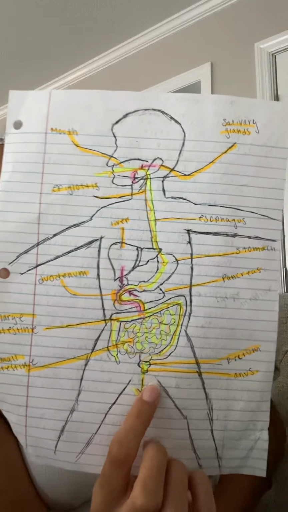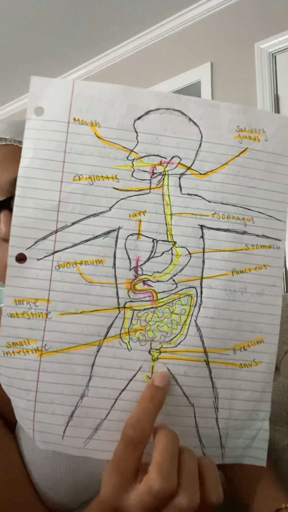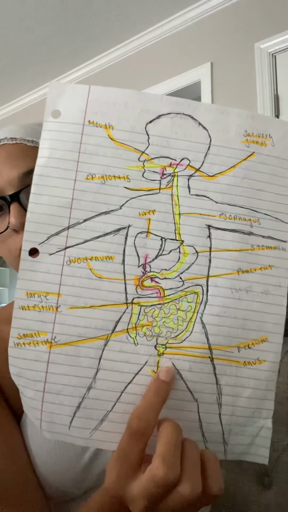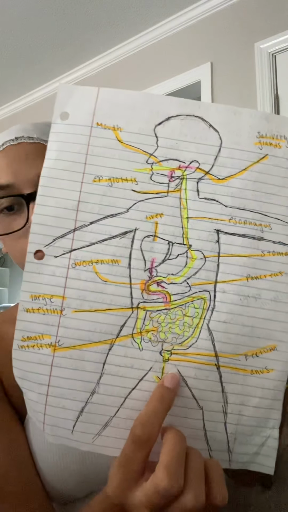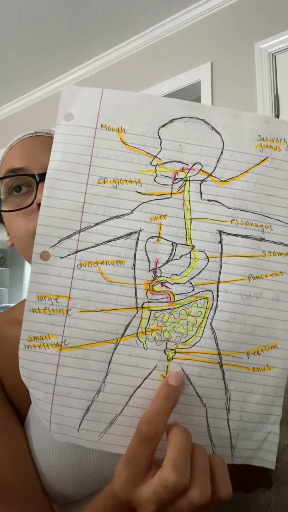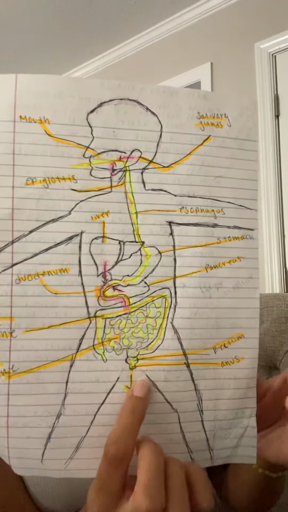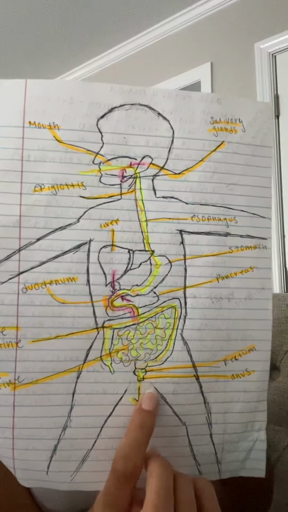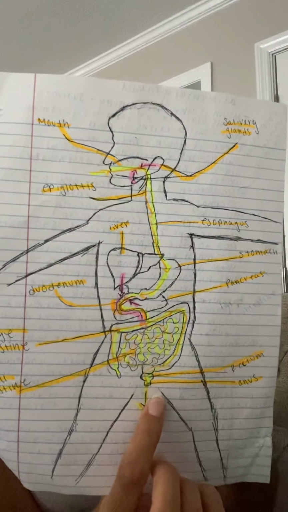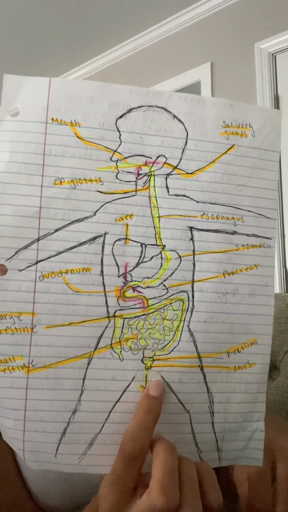The anal sphincter muscles control the stool. The internal sphincter is what keeps us from accidentally passing stool, and the external sphincter is what relaxes when we're ready to release everything.